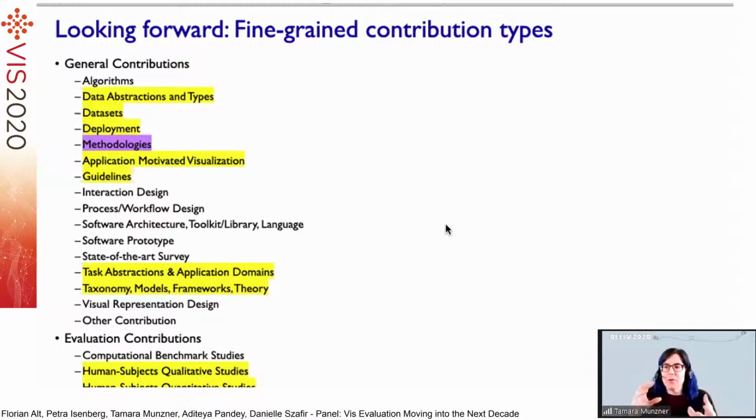We have this much more nuanced way of describing what we're doing in a paper, where data abstraction is a thing in this paper, and task abstraction is a thing separately from whether you deployed it in the field, separately from whether you propose theoretical guidelines, separately from whether you're doing qual or quant actual methodology for looking at human subjects. So I think there's a lot of possibility for the future where we'll be able to do super cool things that were hard to imagine with the former paper types straitjacket.